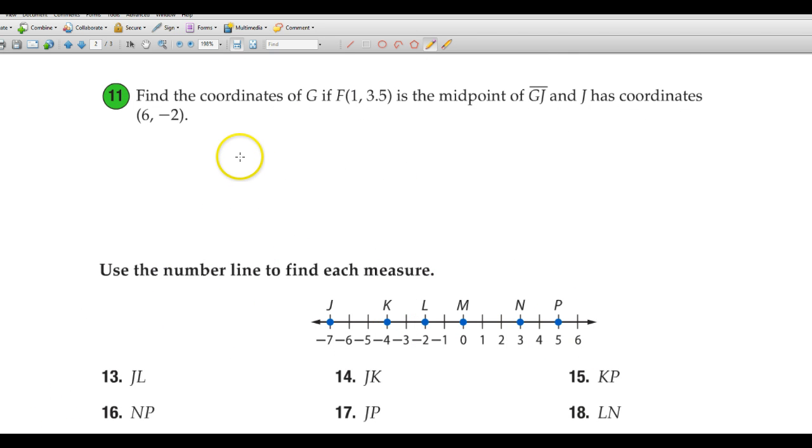All right, on number 11, find the coordinates of G if F, 13.5, is the midpoint of GJ and J has coordinates 6, -2.